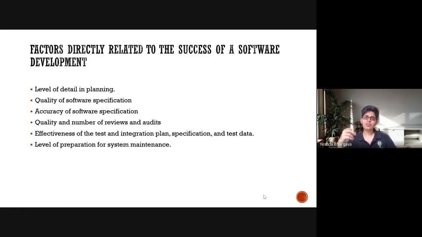The definition of success that you need to decide in your software development process, so that once your software is complete you can assess it based on the benchmark that you have decided.